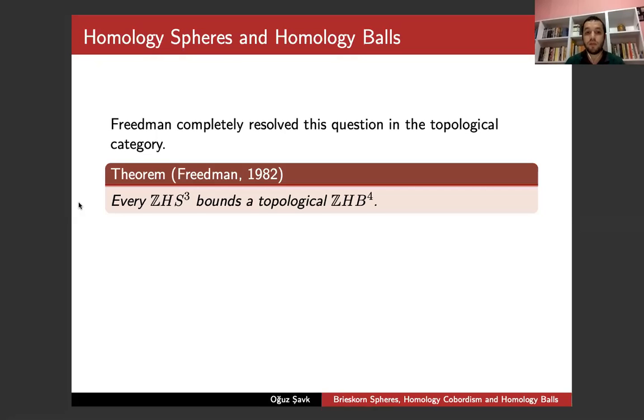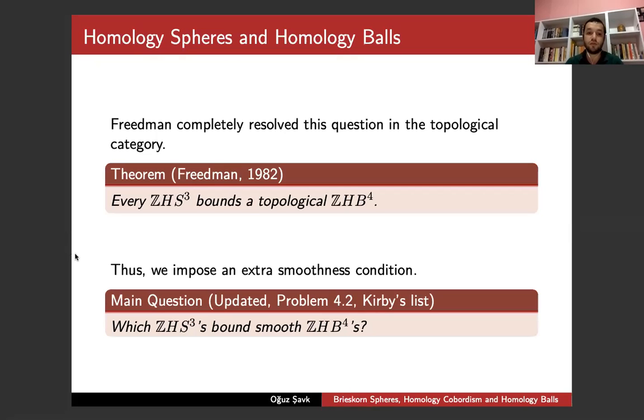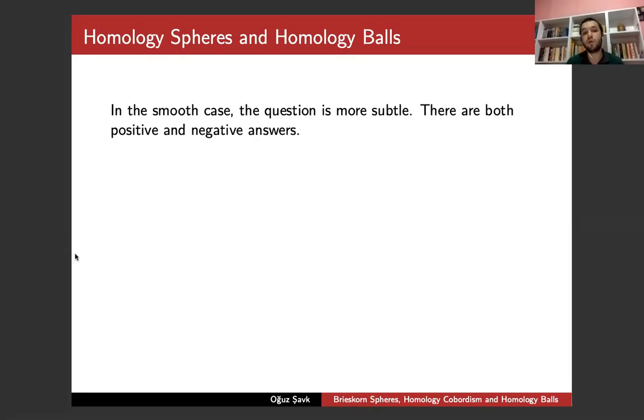So we need to update our question to the smooth category and ask which integral homology spheres bound smooth integral homology balls. In this case, this question is more subtle, and there are both positive and negative answers.